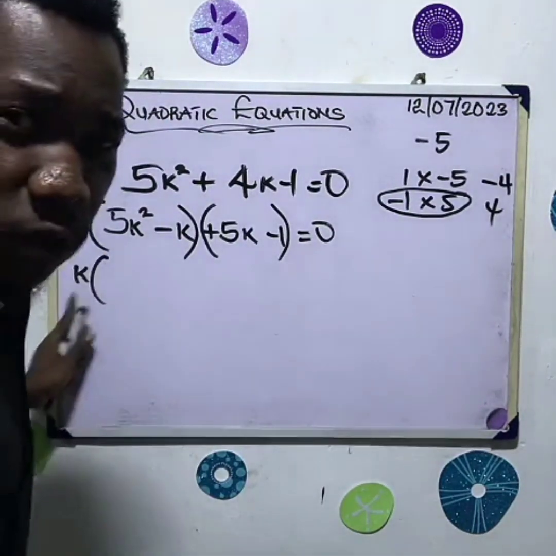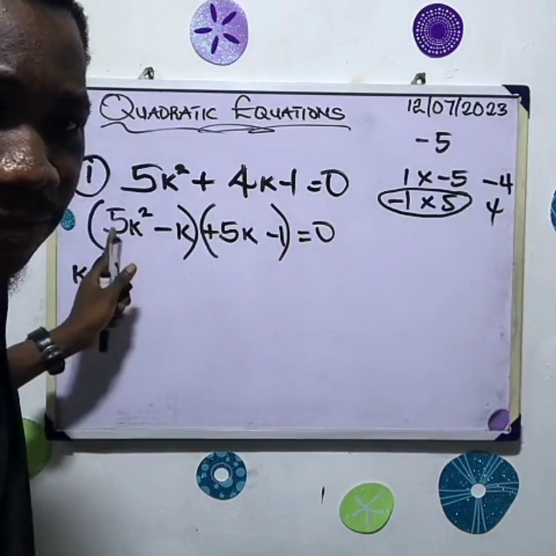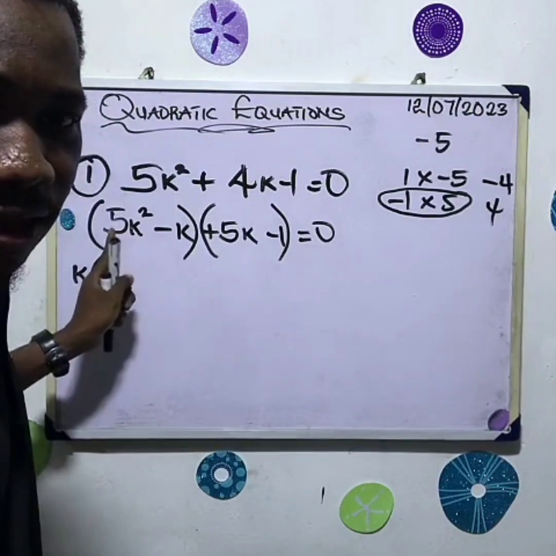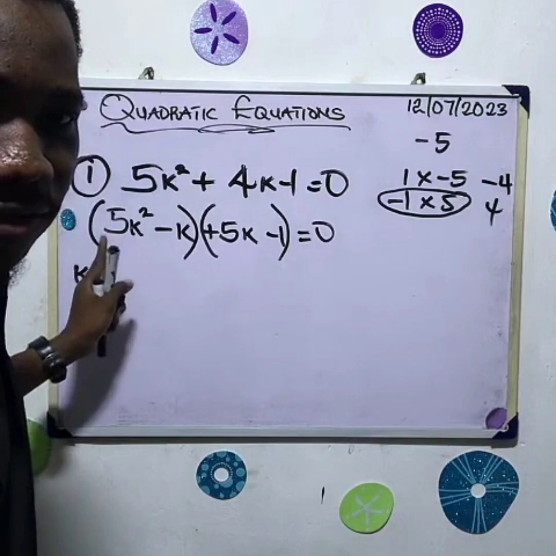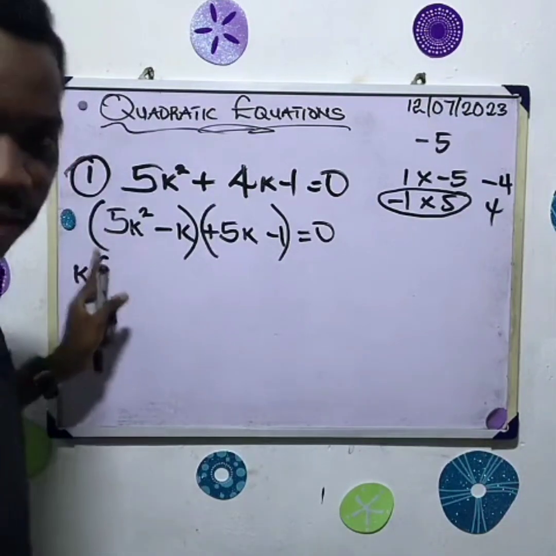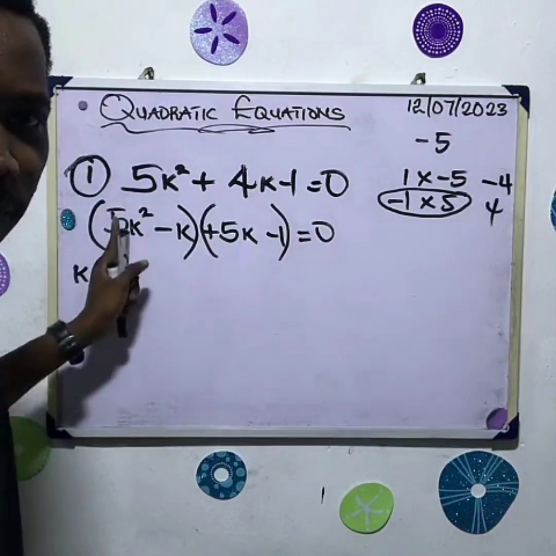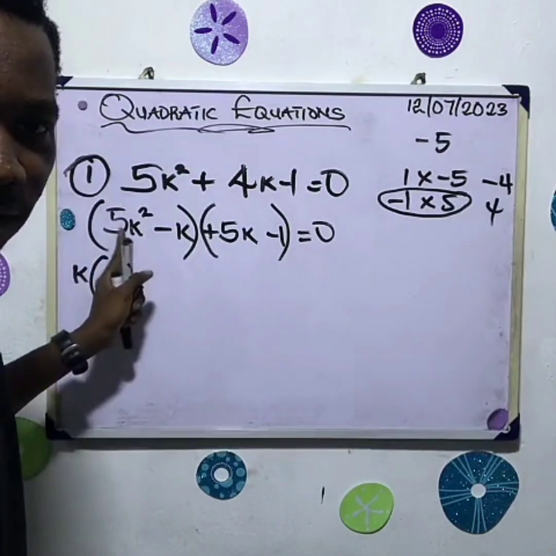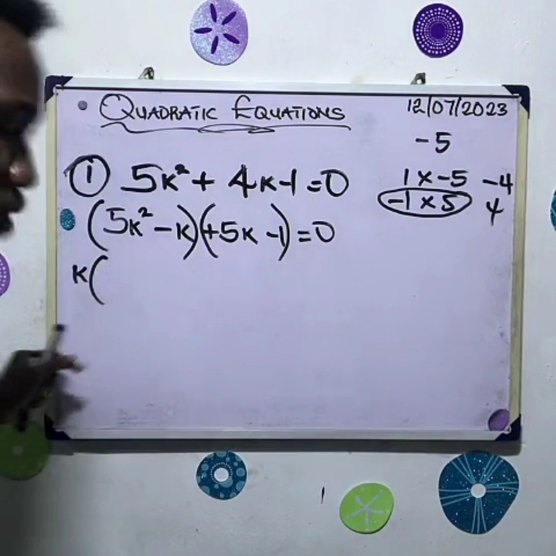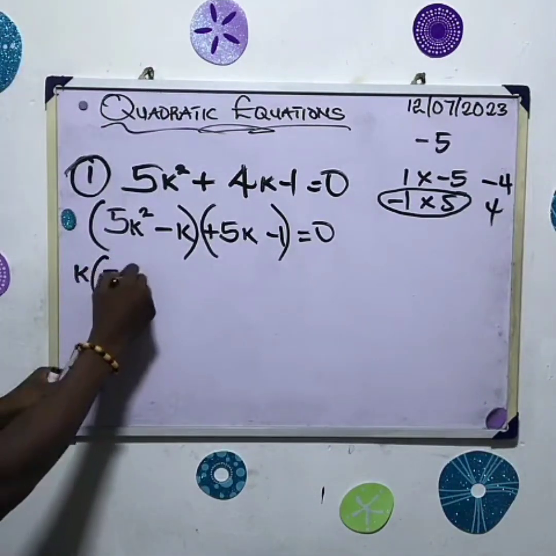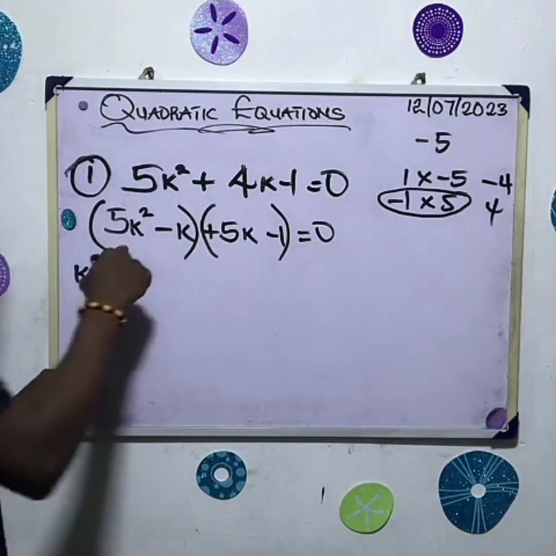So k now times 1 will give us 5k squared. Yes, k. So k times what will give us 5k squared? 5k, good, 5k. So k times 5k will give us 5k squared.